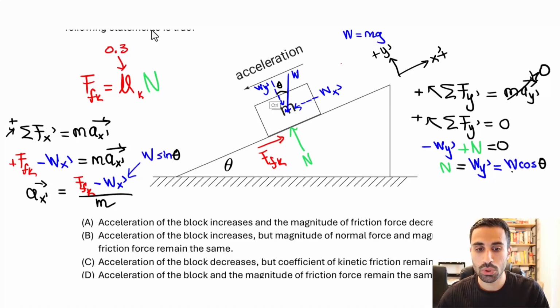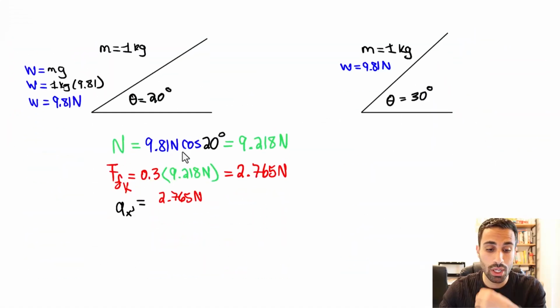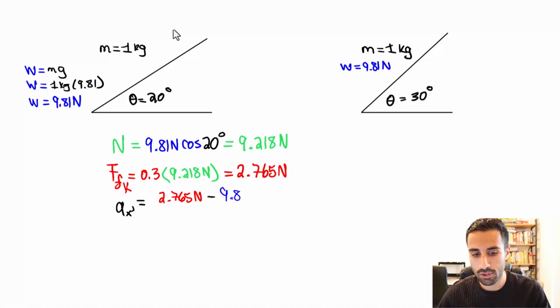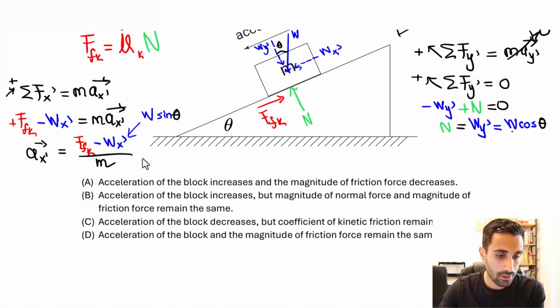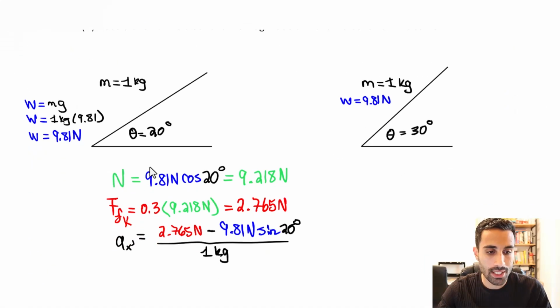We need that in terms of theta because that's the crucial angle at 20 degrees. So we do this minus W sine of theta. W is 9.81 newtons as we determined, and then sine of the angle theta, which is 20 degrees. We take all of this divided by the mass, which is 1 kilogram. We assume that's 1 kilogram in this case, and that would be the mass of the block.